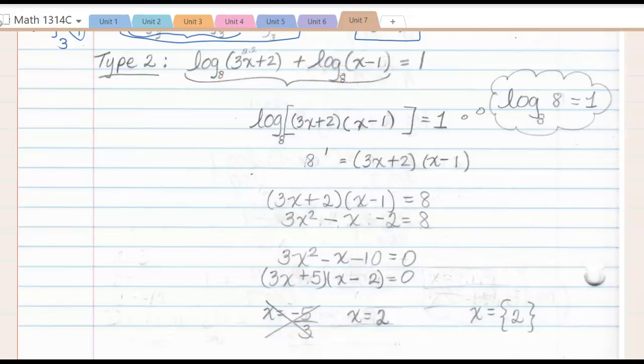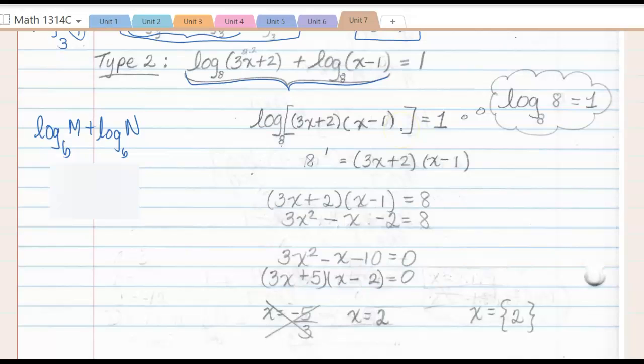We're going to use a property of logs, the one that says that if you have the log base b of m plus the log base b of n, I'm going to combine this to become one log. We're going to see that this is going to be the log base 8, and I'm going to get my 3x plus 2 times my x minus 1.